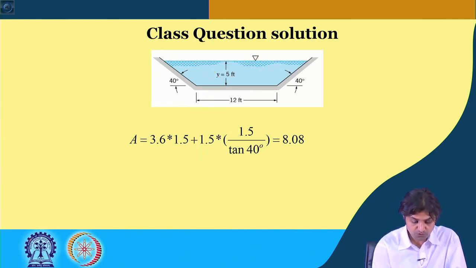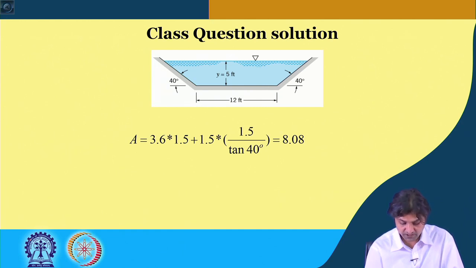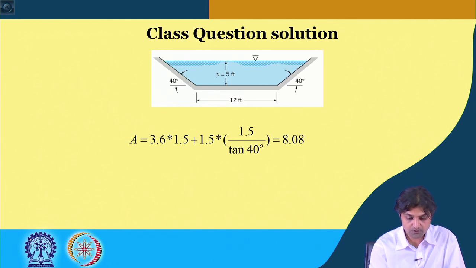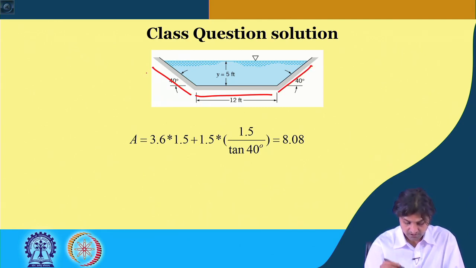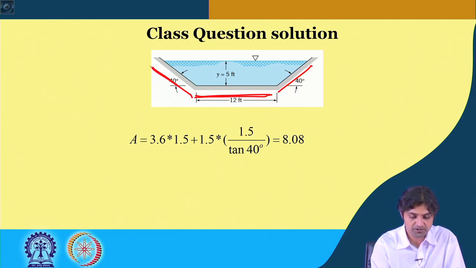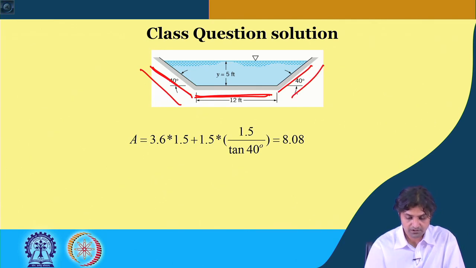Now we need to calculate the perimeter as well. The wetted perimeter is going to be this length plus this length plus this length, because this is the length which is wet. So, we can find this plus 2 times this, because this is equal to this.